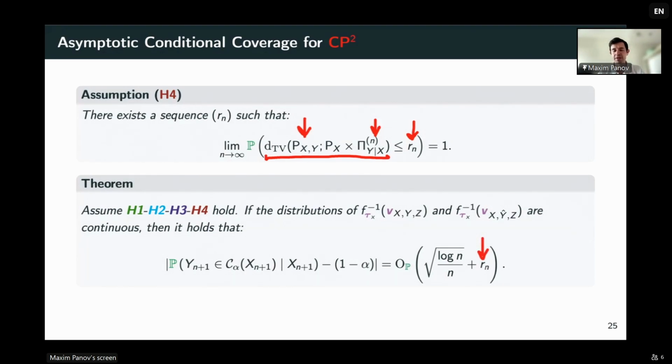So that's, I think, a nice result, because you have explicit dependency on the quality of your approximation, and also you have this rate 1 over square root of n, which, as I discussed in the beginning of the presentation, is the right rate for the deviations of conformal prediction.